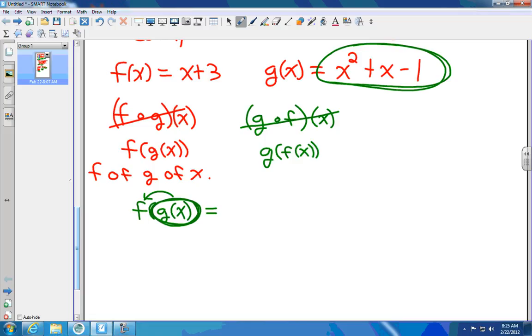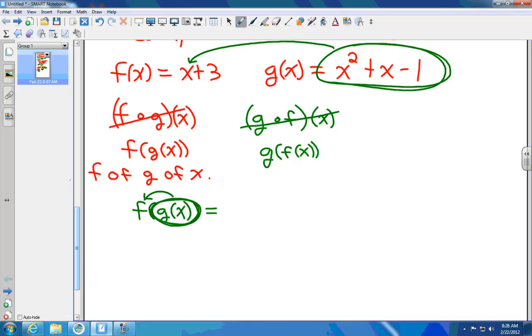So we've got the same thing circled here, up here. And you are actually going to take g of x and replace the x in the f function. That's what a composite function is, putting the two functions together. So you're taking this second function, g of x, and plugging it into the f function.